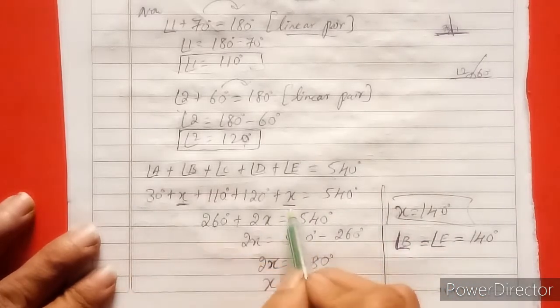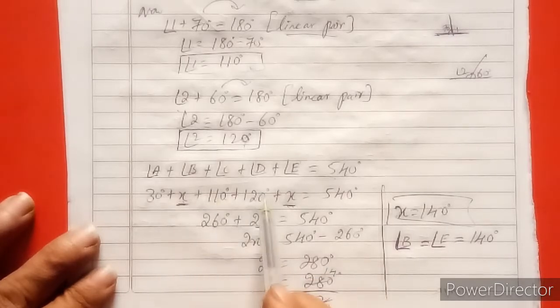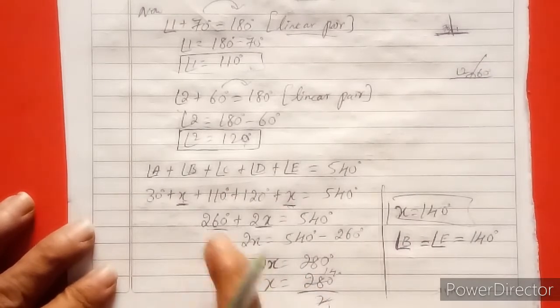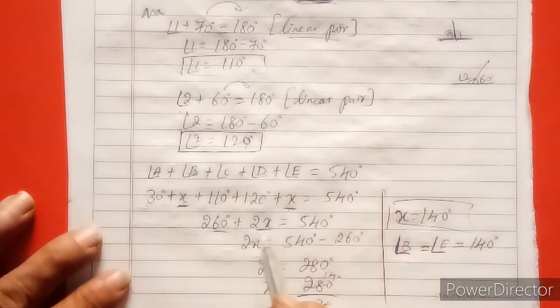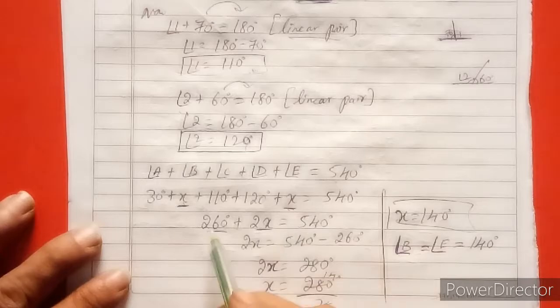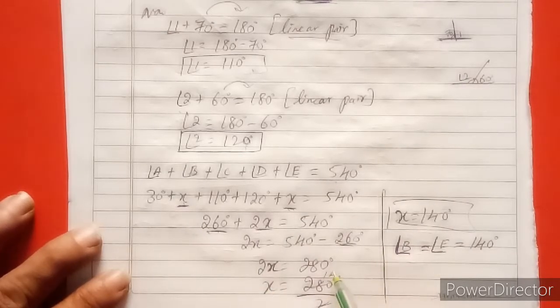X plus X is 2X. Then 110 degrees, 120 and 30 degrees added together become 260 degrees. If we transpose the plus 260, it becomes minus 260, so 2X is equal to 540 minus 260, which is 280 degrees. So 2X equals 280.